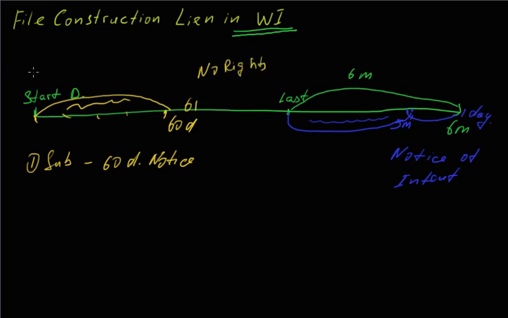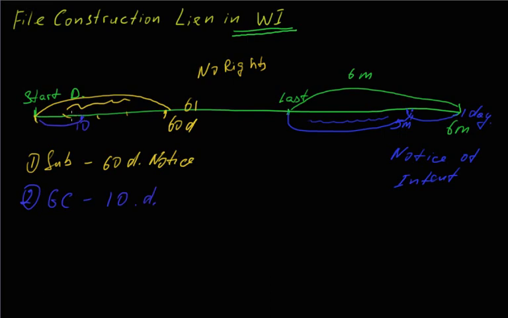Now, if you are, let's say, a general contractor to the project, let's just say GC, your timeline to serve a notice of lien rights is 10 days. And so you have to make sure that you serve this notice of lien rights within this timeline.